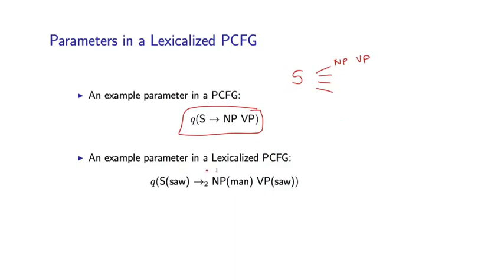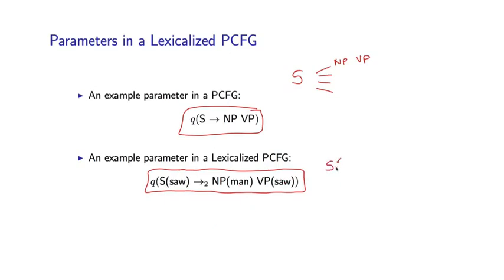We have parameters in lexicalized PCFGs, which again are associated with entire rules. So here's an example parameter. This parameter is for the rule S(saw) goes to NP(man) VP(saw). So this again is going to have an interpretation as a conditional probability.